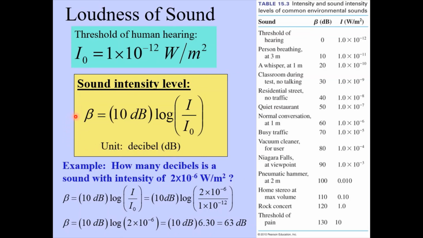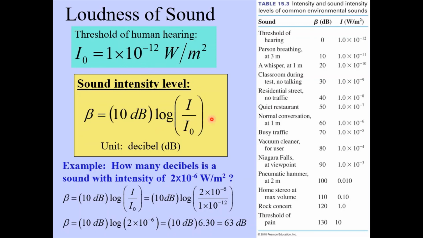Well, the way we calculate the sound intensity level in decibels, which, by the way, uses the Greek letter beta, is we take 10 decibels times the logarithm of the intensity of the sound, I, divided by the threshold of human hearing, I naught, which is this number right here, 10 to the minus 12. And that will give us the sound intensity level in decibels.